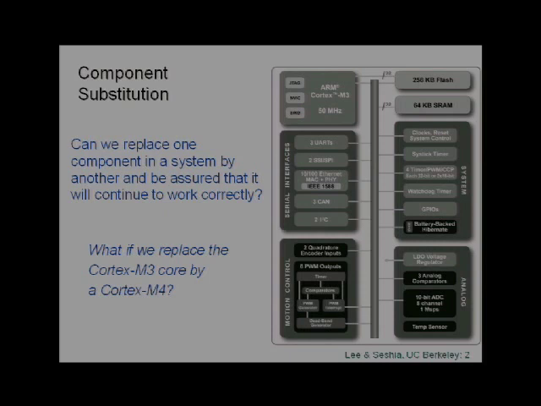Okay. So now let's think about this problem. Suppose I had the Luminary board, and the Cortex M4 only differs in this respect from the M3, right? It's just the floating point unit. So if I were to replace the M3 with the M4, and let's say the application using this was the iRobot, the thing that you did in the lab, would it still work?